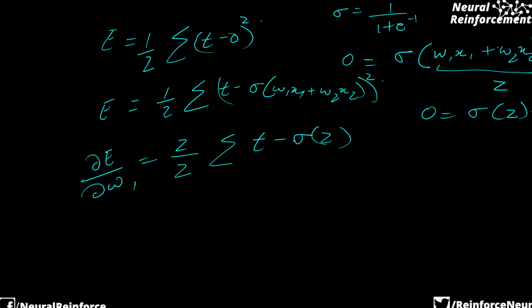We can expand it, but for conciseness I have just put it as z. Multiplied by, again remember the chain rule of derivatives that we talked about. Now this is a function of x, so first we will differentiate this, and then when we come back over here we will have to differentiate it by x again.